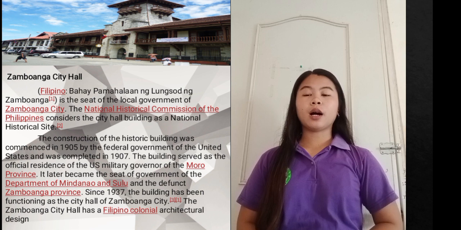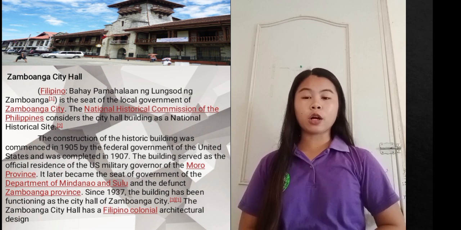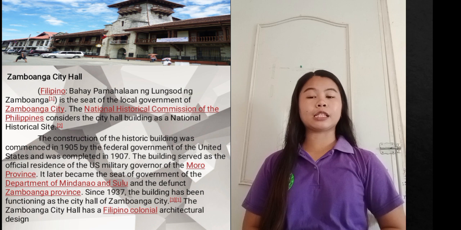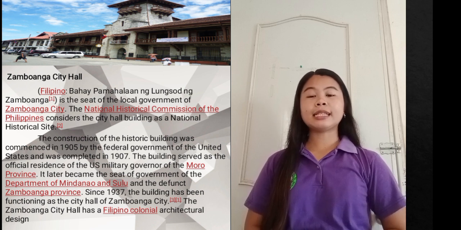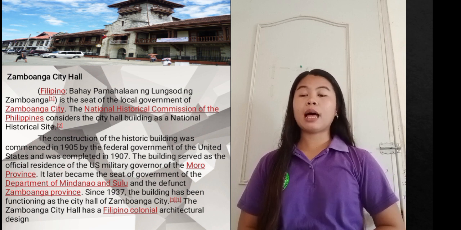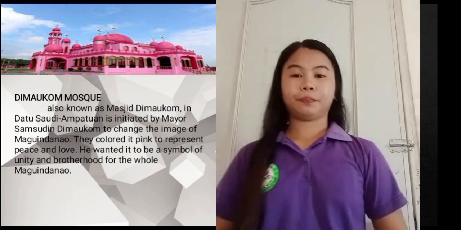It later became the seat of government of the Department of Mindanao and Sulu and the defunct Zamboanga Province. Since 1937, the building has been functioning as the City Hall of Zamboanga City. The Zamboanga City Hall has a Filipino colonial architectural design.